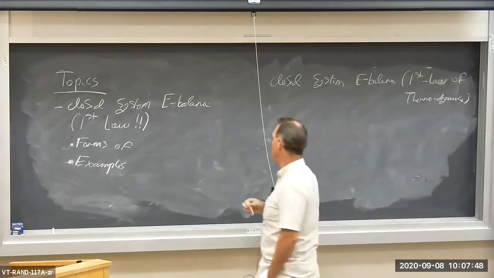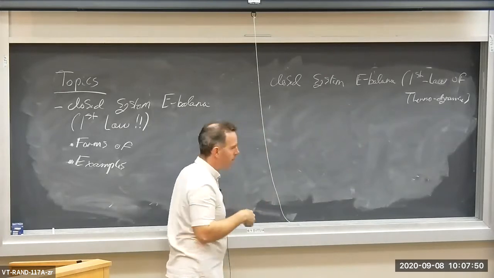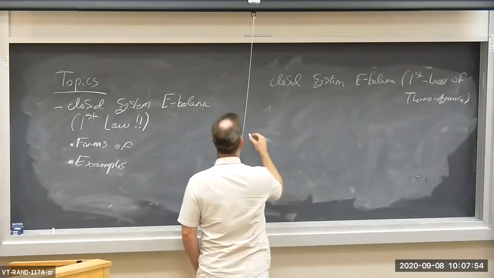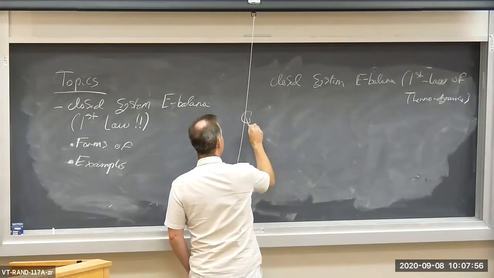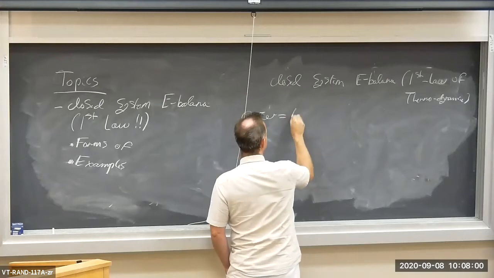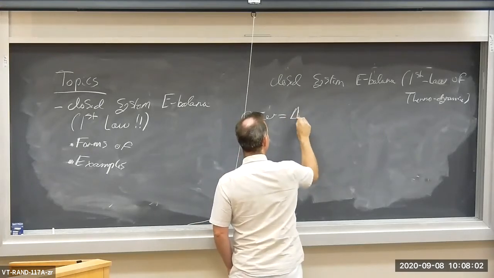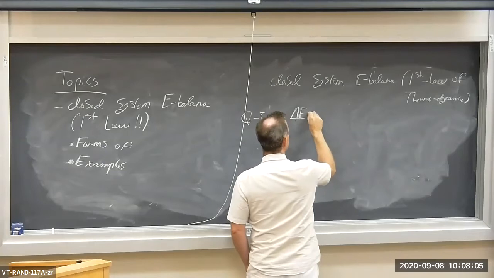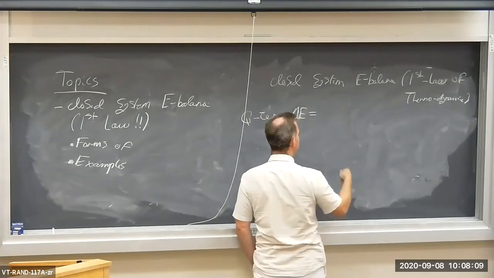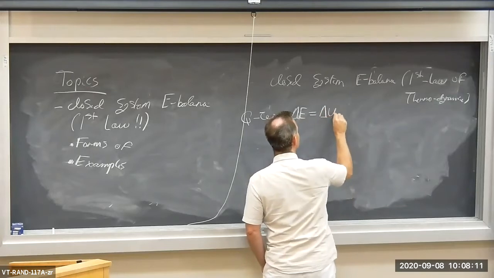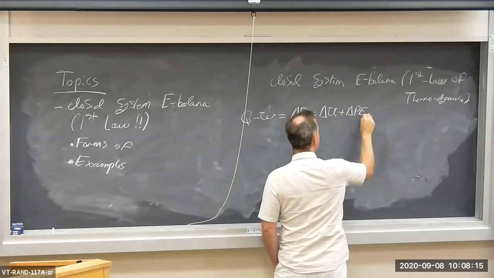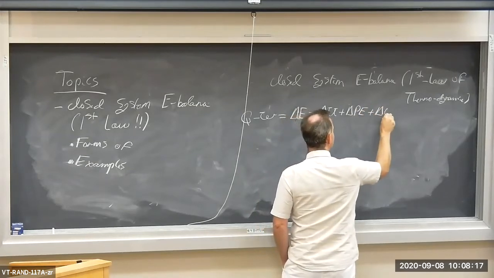Energy balance, or the first law of thermodynamics. Let me write down the most basic form of the energy balance. We have the heat minus the work is equal to the change in total energy. And energy is equal to kinetic, potential, and internal. So what that means is the change in internal energy plus the change in potential energy plus the change in kinetic energy.